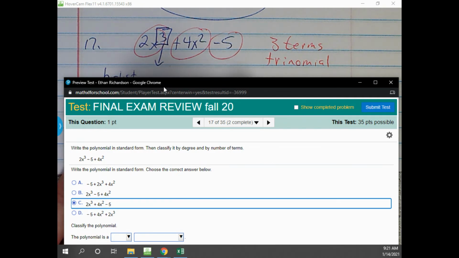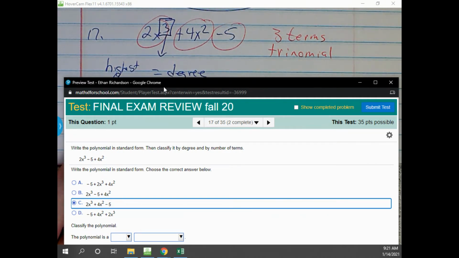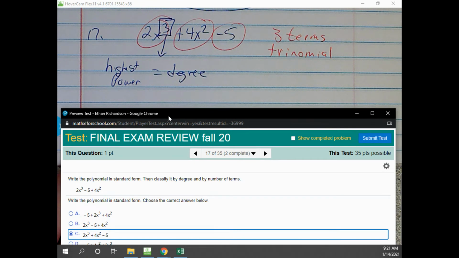And we said the highest power term you have, that's basically going to be the degree that they're going to ask for. So this one, degree is 3. And they may give you 3. They may also say cubic on that part. So we'll just have to see which one they give us here.